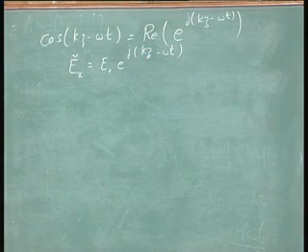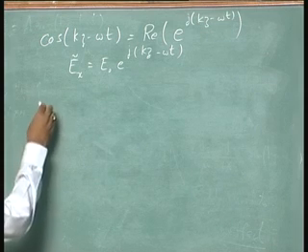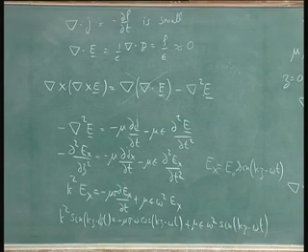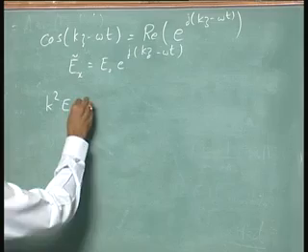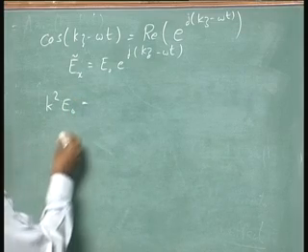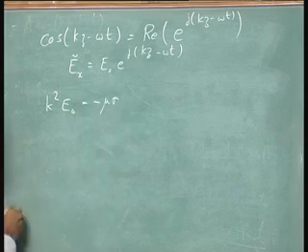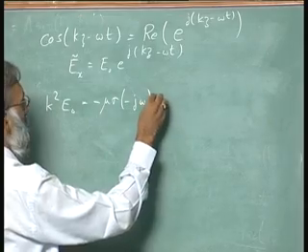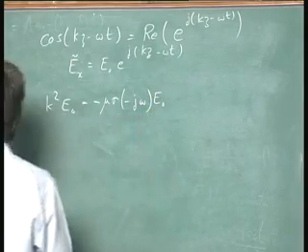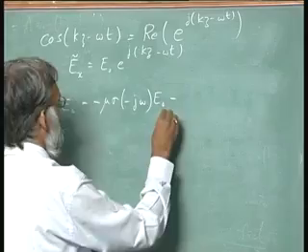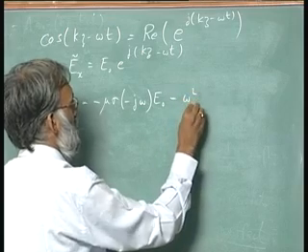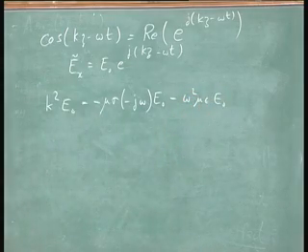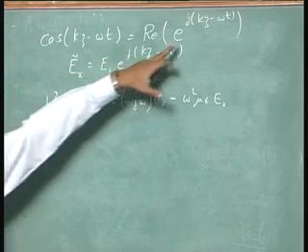In that case, the wave equation becomes k squared E naught is equal to minus mu sigma times minus j omega E naught minus omega squared mu epsilon E naught. So all I have done is I have taken the second derivative with respect to z.